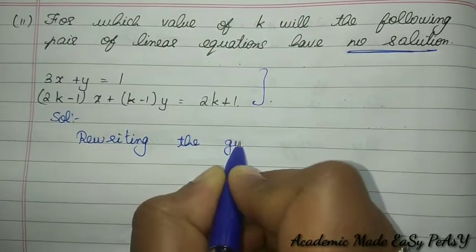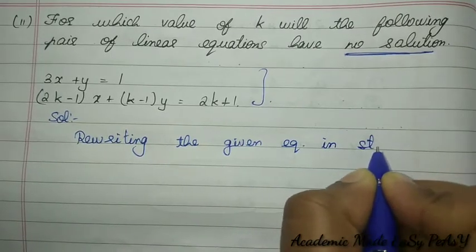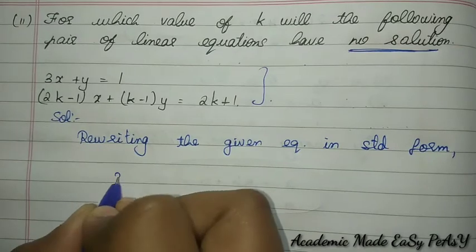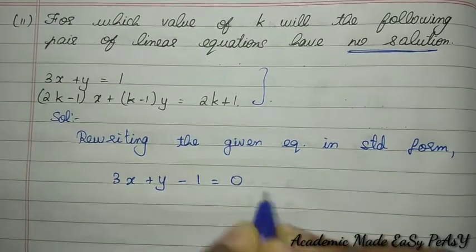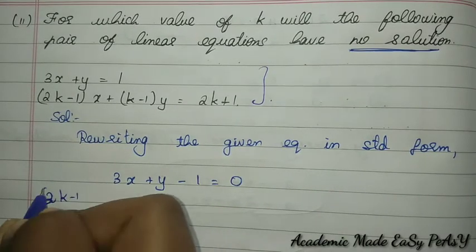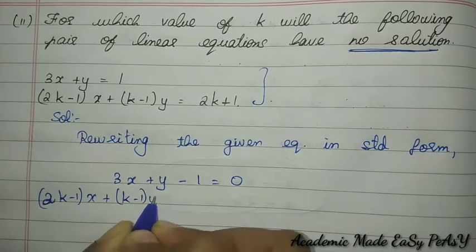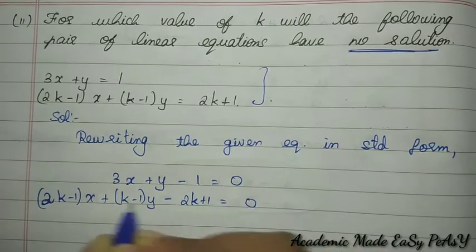the given equations in standard form, we get 3x plus y minus 1 is equal to 0 and 2k minus 1 x plus k minus 1 y minus 2k plus 1 is equal to 0.